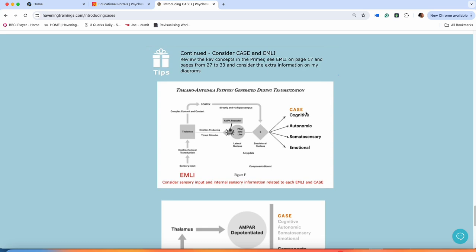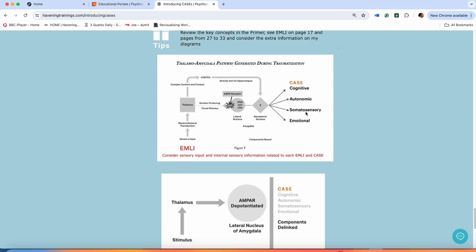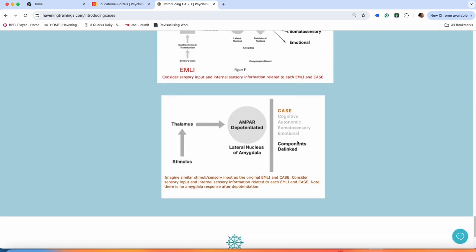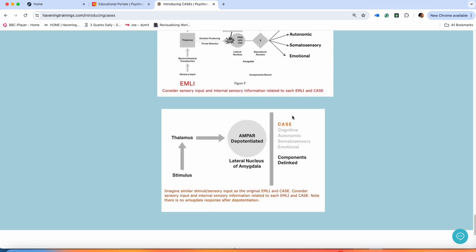They may say, oh, my feet feel more relaxed, or my throat feels open, or they might notice the cognitive and say, oh, that internal dialogue has stopped, or it's changed, or the picture, I can't access it anymore, if that makes sense. So we show that after depotentiation the components are delinked.